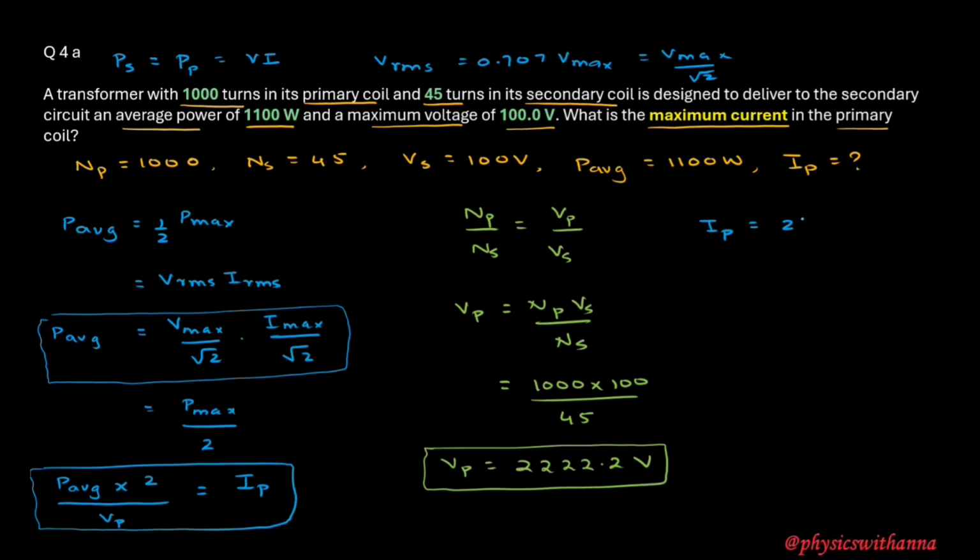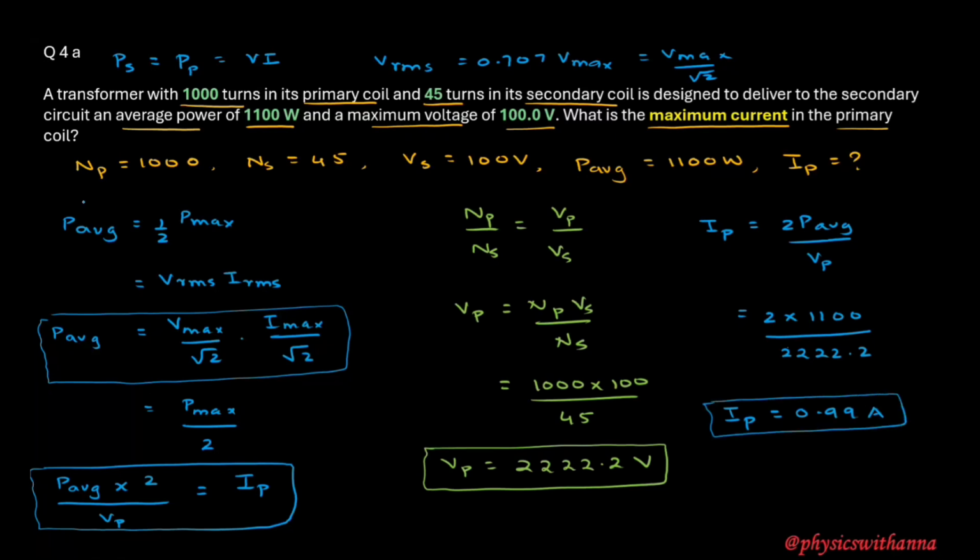Ip is 2 times power average over Vp. So 2 times 1100 over 2222.2. That gives me maximum current across primary to be equal to 0.99 ampere.